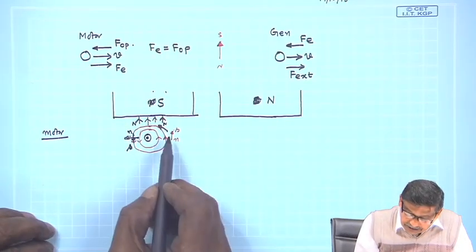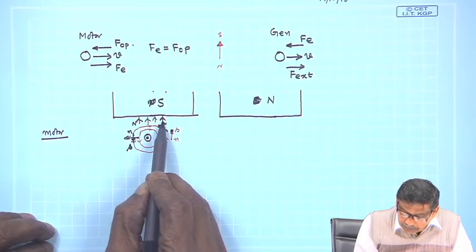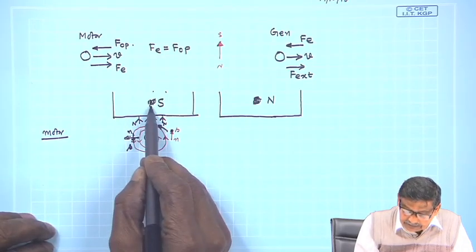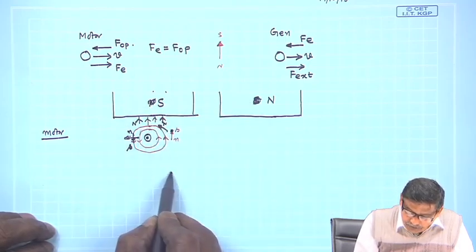For example, here is a south and here is a capital N, so this will have an attractive force here.